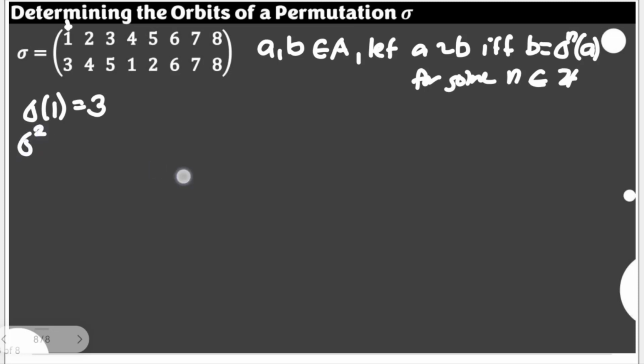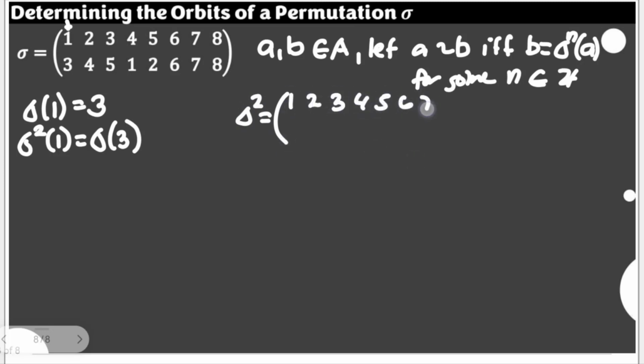So the second mapping of 1 is equivalent to the mapping of 3, because if you have this expression here, let me just illustrate in this manner. You have 3, 4, 5, 1, 2, 6, 7, and 8 here. Of course, we are multiplying sigma to itself.